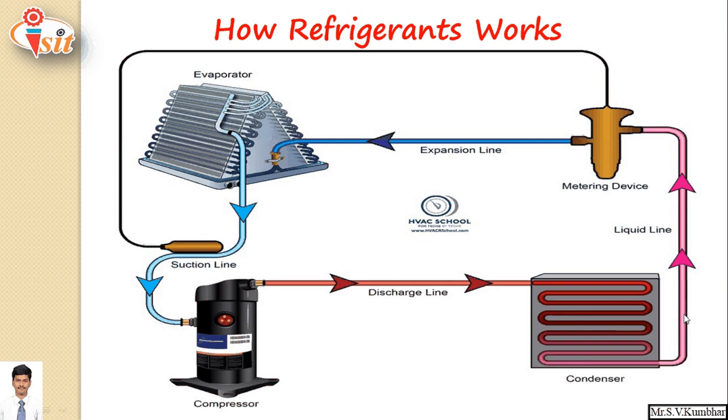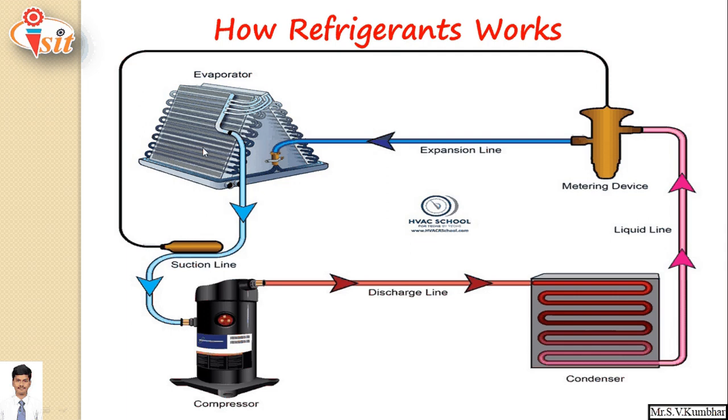This high pressure, low temperature liquid is sent to a metering device or stored temporarily, and after this it flows through the expansion valve, where sudden expansion takes place, because of which its pressure drops. This color represents its expansion line, and here it expands inside the expansion valve. Pressure decreases suddenly, and the low pressure, low temperature liquid refrigerant finally flows through the evaporator coil, where the object which is to be cooled is placed.